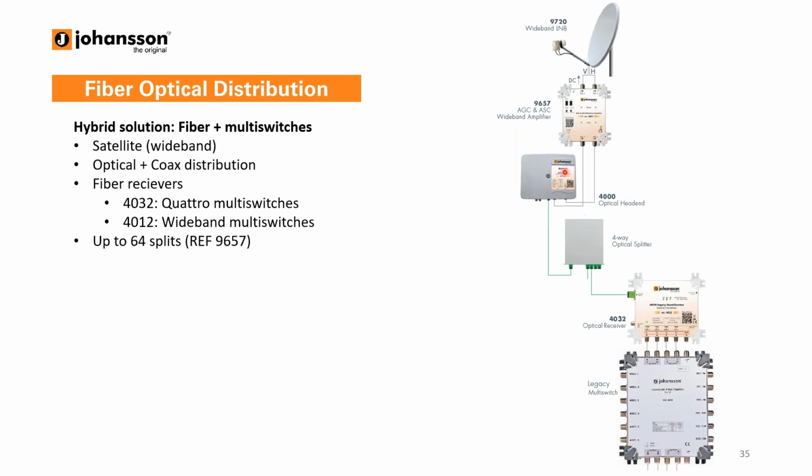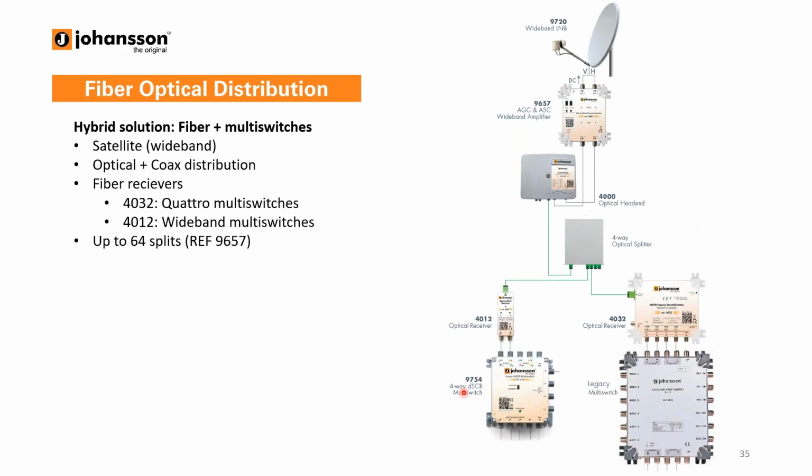So for that you have the transmitter and your receiver, in this case the 4032. This is in case your multi-switches are legacy or traditional multi-switches, which expect the four quadrants at the input. And for that you use the 4032 in quad-core mode.